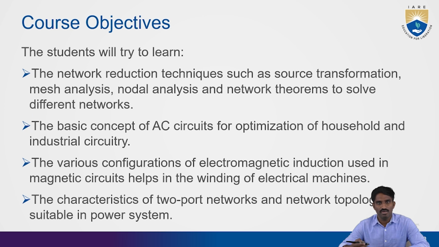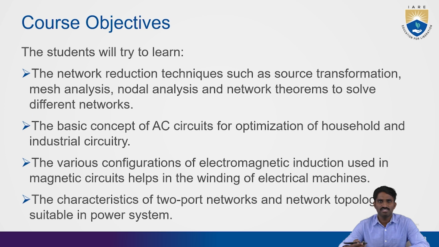Then the students will also try to learn the basic concepts of AC circuits for optimization of household and industrial circuitry. We know that in our households and many industries, the input is an AC supply, but we usually transmit through DC transmission lines, converting AC to DC and converting it back into AC.